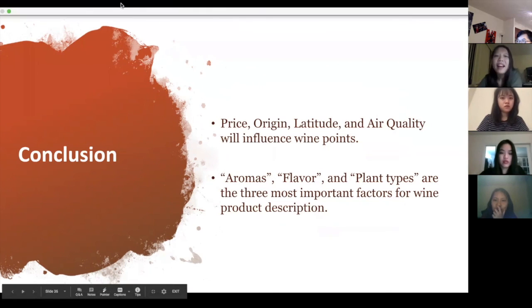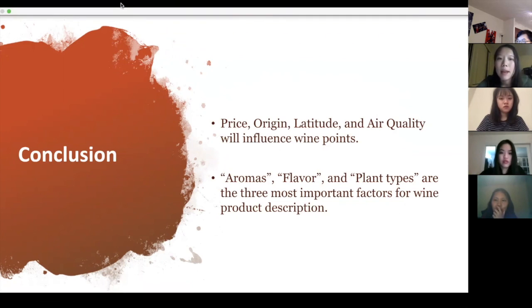Hi. According to our analysis, we can get several conclusions. First, the price, origin, latitude, and air quality will influence the wine's points. Price is positively related to points generally. Worldwide, wines that come from England can always get high grades.